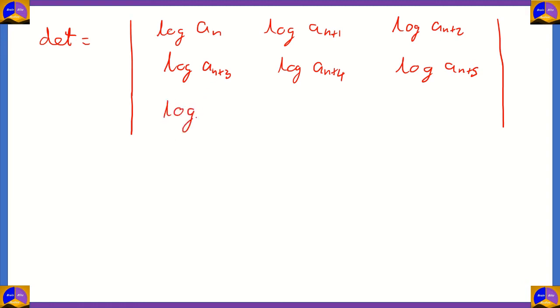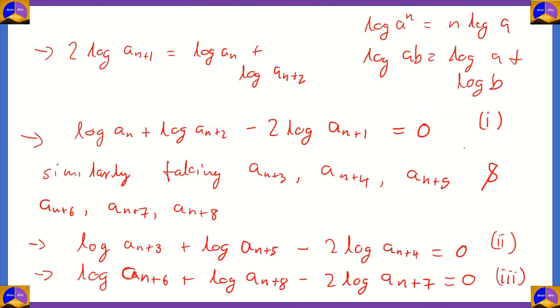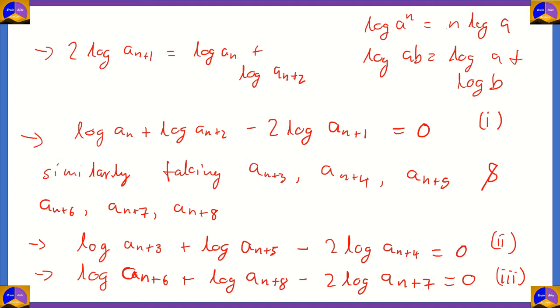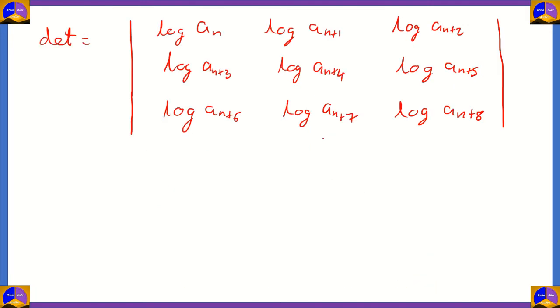That's the point. So if you look at our three equations, you can see that over here you can convert column 1 into column 1 plus column 3 minus 2 times column 2. So we will convert C1 to C1 plus C3 minus 2C2.